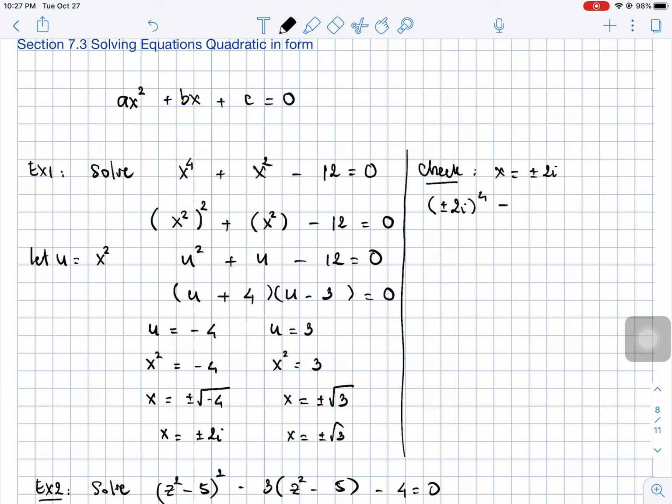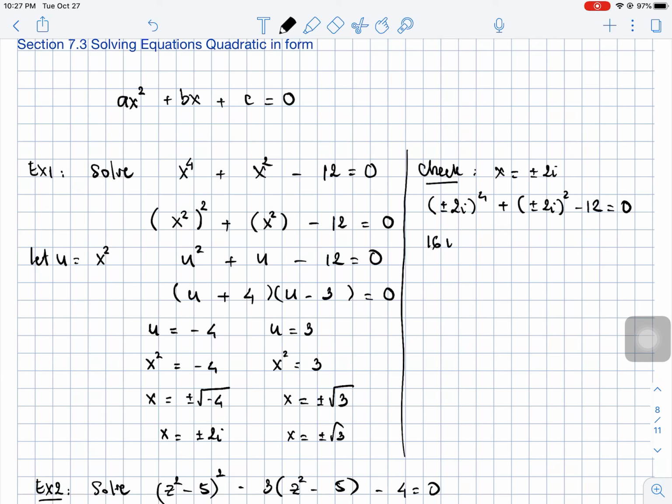We have 4 answers in this problem, and we should check. I'm going to check 2 of them at the same time. In this case, it works if we put 2 of them at the same time, but in the other case, you have to separate them into 4 separate solutions and check one by one.